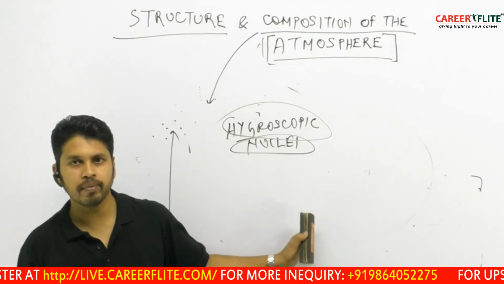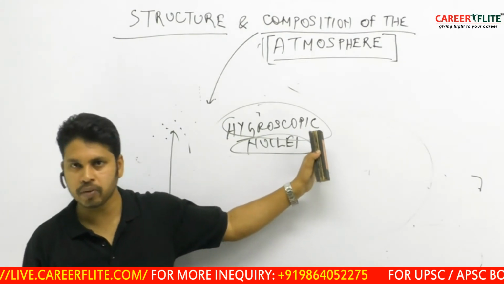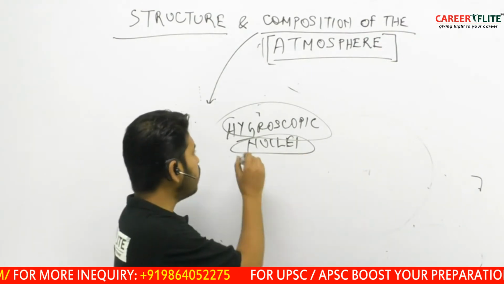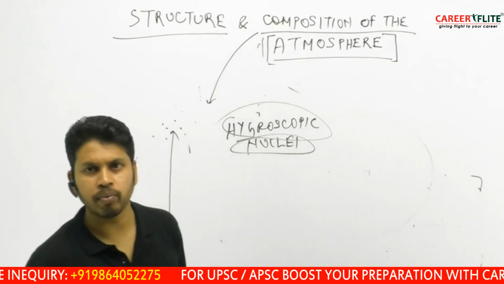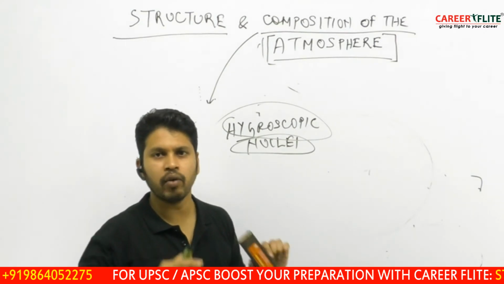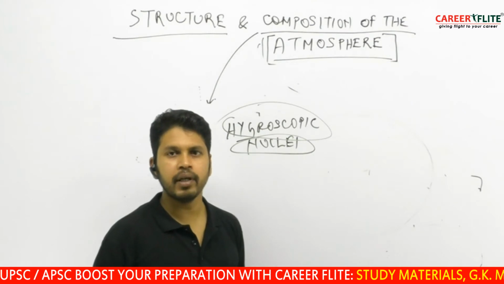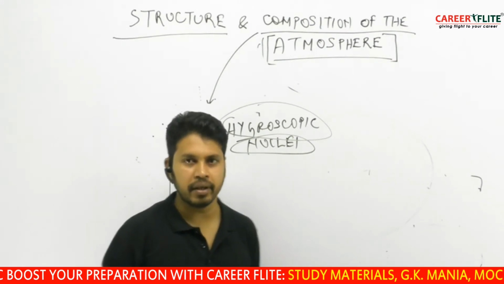Once the water vapor reaches the upper part of the troposphere, near the tropopause zone, it becomes very cold. The temperature at the tropopause is very cold, and because of that, the water molecules will get condensed. From water vapor, they'll be converted into water and again ice particles.